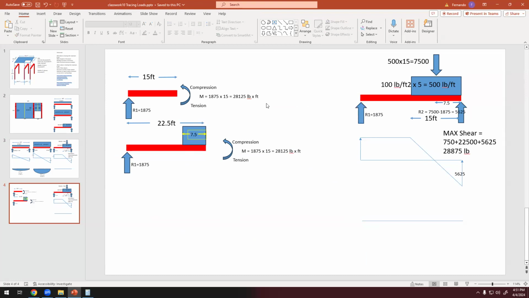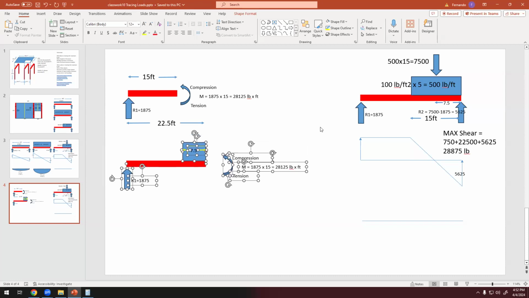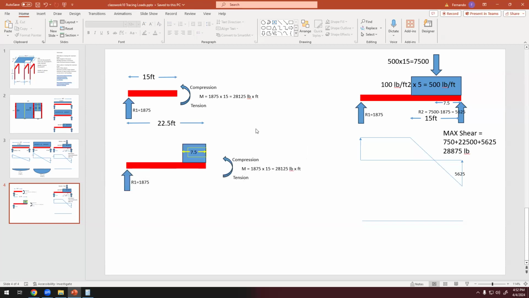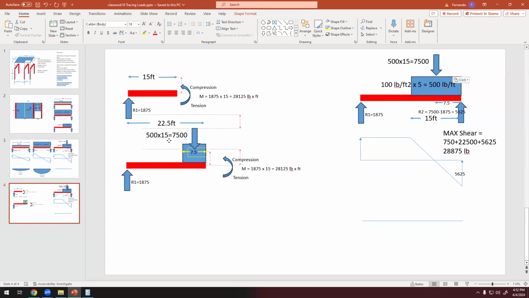Okay, so now the distributed load is just 7.5. And we do have a resultant, but that resultant is not 500 times 15. The resultant here is 500 times 7.5.